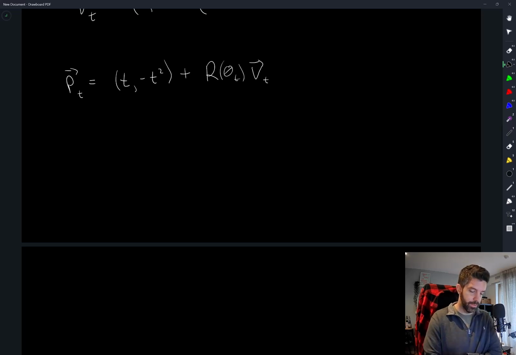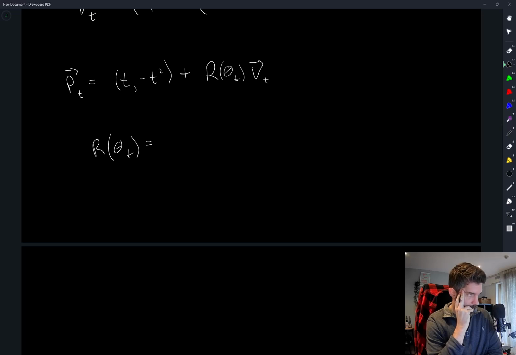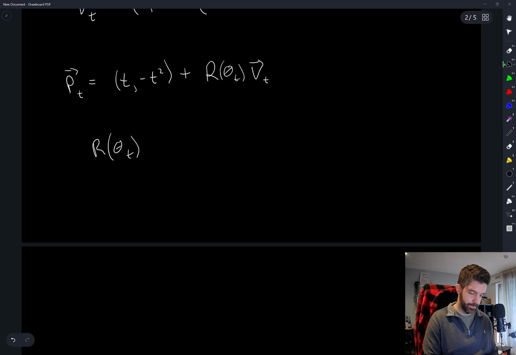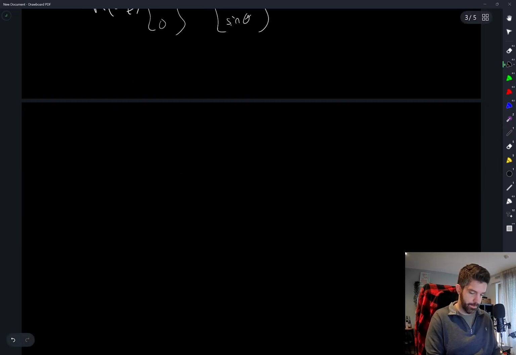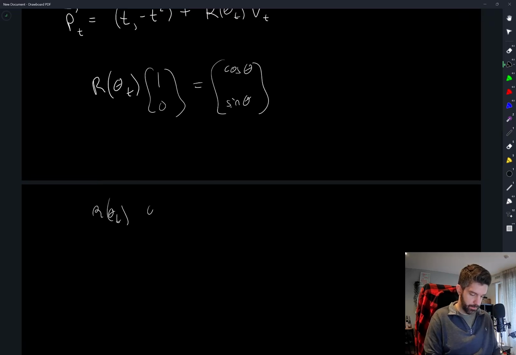What is that matrix again? Well, rotate by theta: (1, 0) goes to (cosine theta, sine theta), and (0, 1) goes to (negative sine theta, cosine theta).